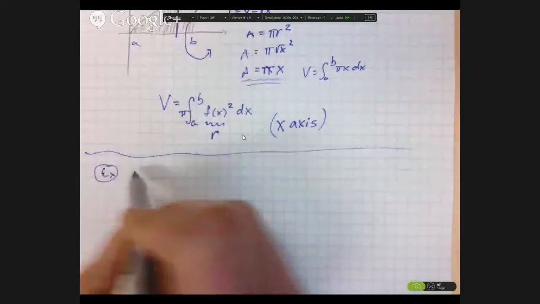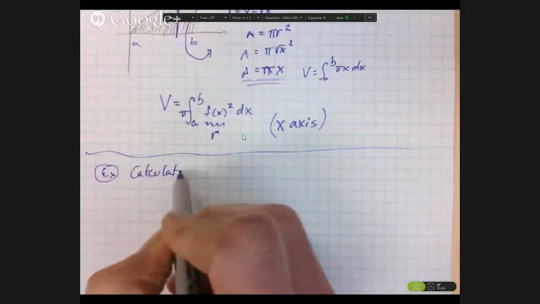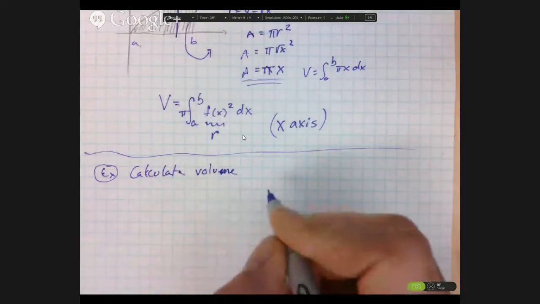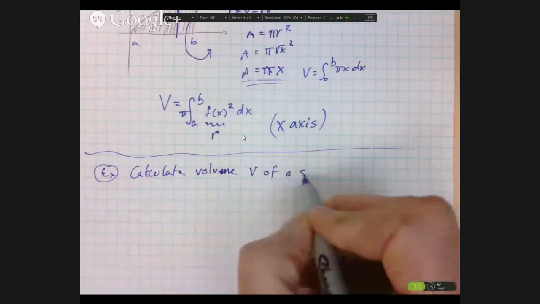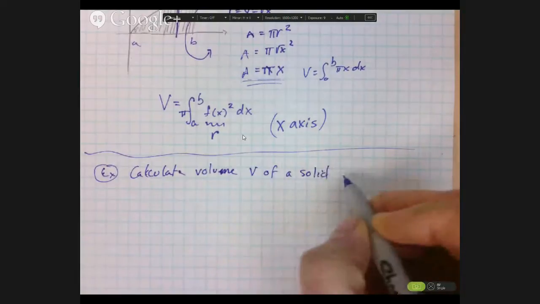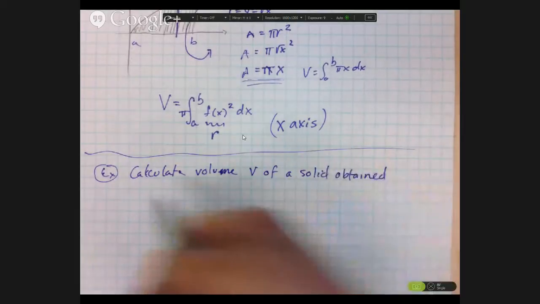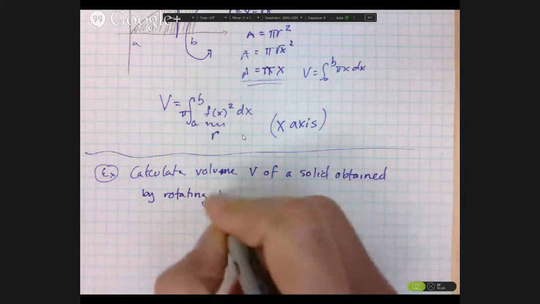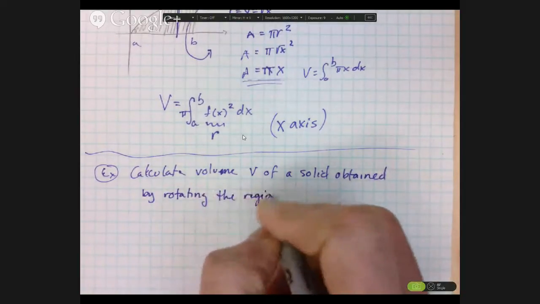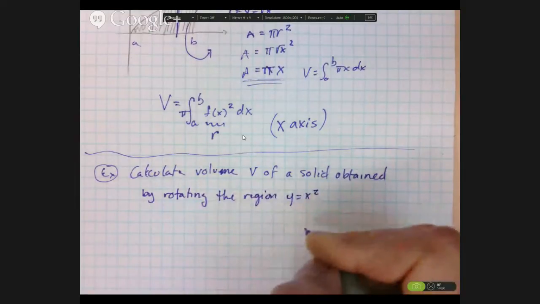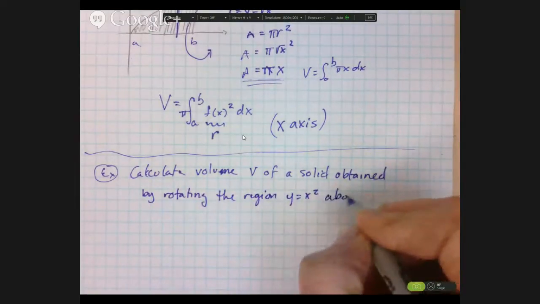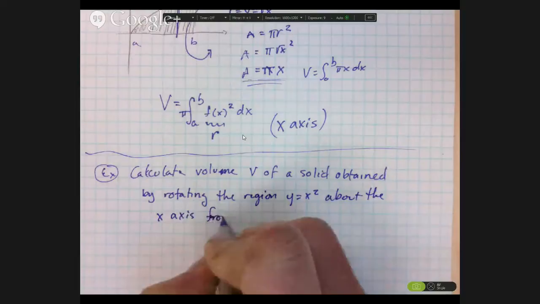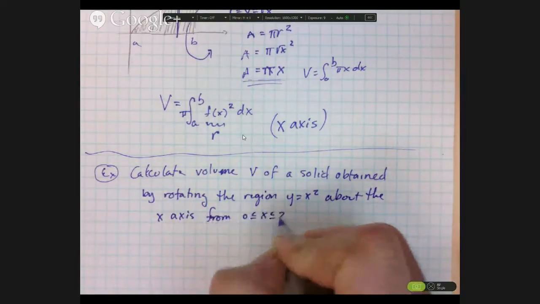Let's do an example. So we're going to calculate the volume, V, of a solid obtained by rotating the region y equals x squared about the x-axis from 0 to 2.